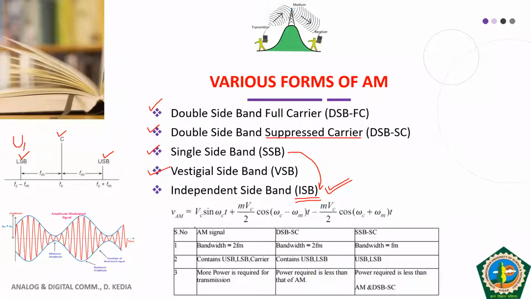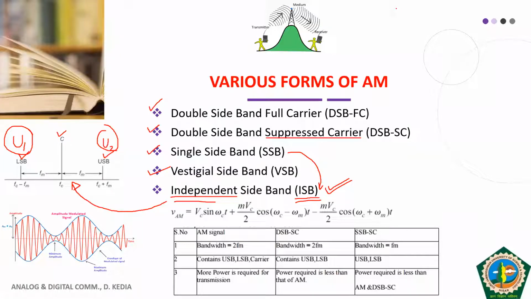Say LSB will be carrying information of user 1, and USB will be carrying information from user 2. That's why we call it independent sideband. The two sidebands are independent of each other because they are carrying information from two different users. I hope this form of amplitude modulation is clear to everyone.